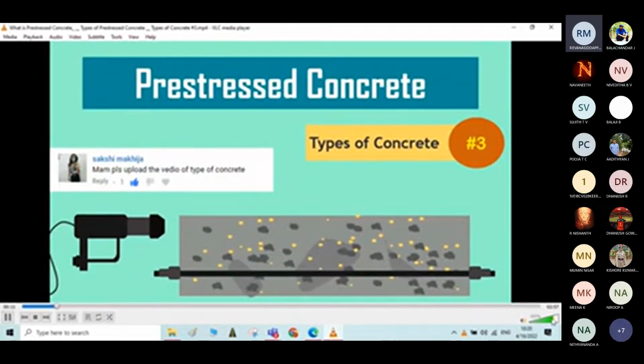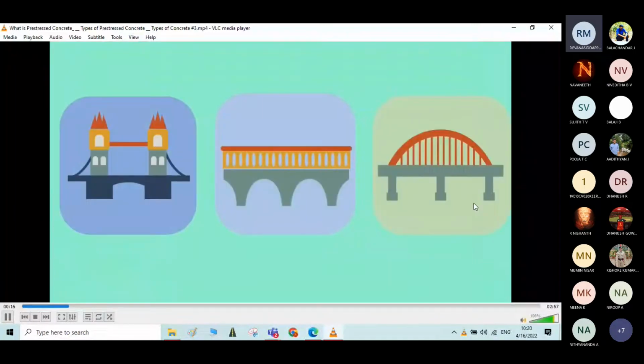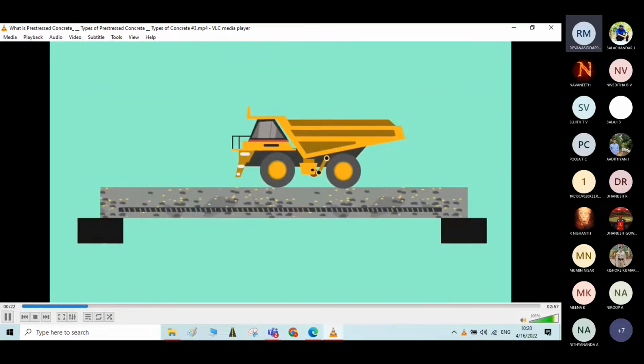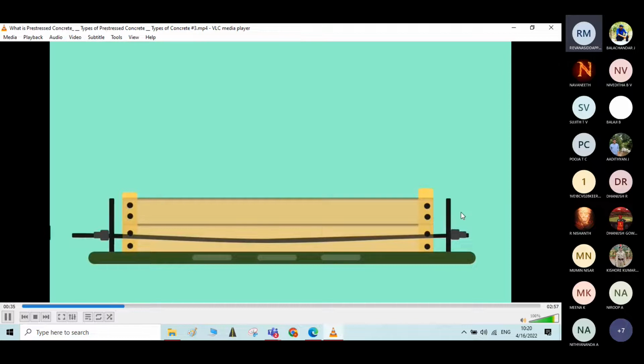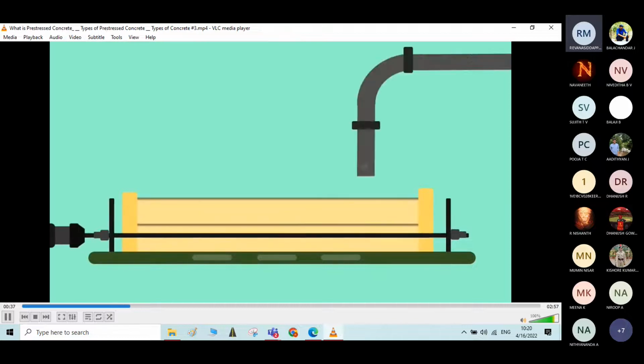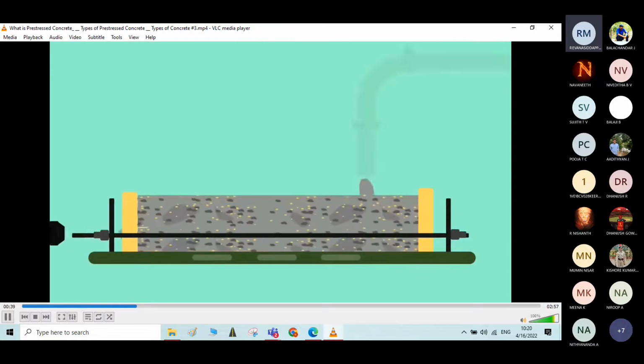Prestressed concrete. In case of big concrete construction projects like bridges, steel reinforcement bars alone won't be sufficient to provide the necessary tensile strength. In this case, prestressed concrete is being used. In prestressing, the rods or tendons are stretched along the axis and cement is poured.